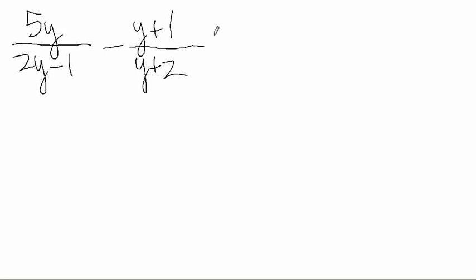All right, so I'll go ahead and work out this difference now myself. So the rational expressions are factored already, so we don't need to do that. The least common denominator is (2y minus 1) times (y plus 2).